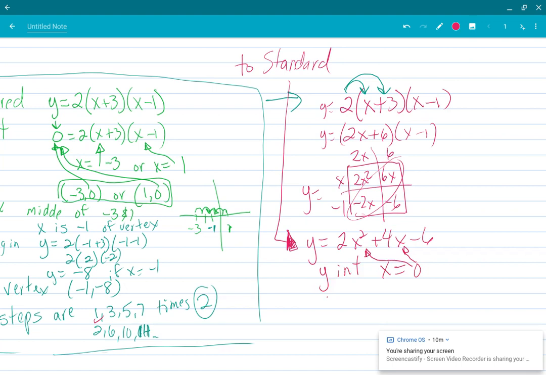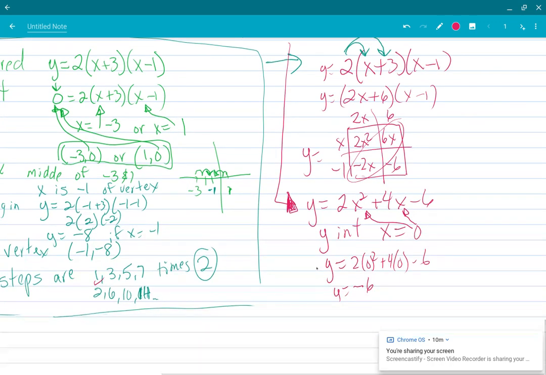What do you get? So y equals -6, right? So the y-intercept is 0, comma, -6.